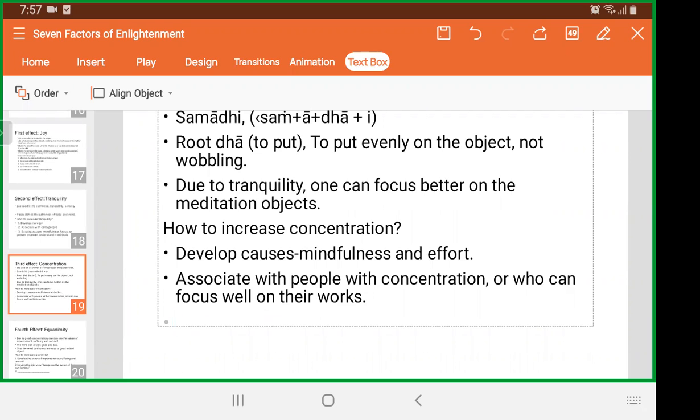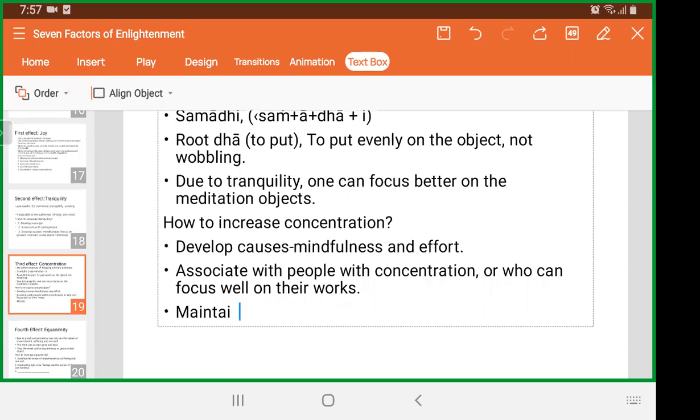Okay, all right. So you suggest keep the precepts, maintain the morality. So the mind is not guilty. So the mind is happier, I would say. Happier, okay? Yeah, it's good. Because if the mind is happier, the mind can focus better, definitely.